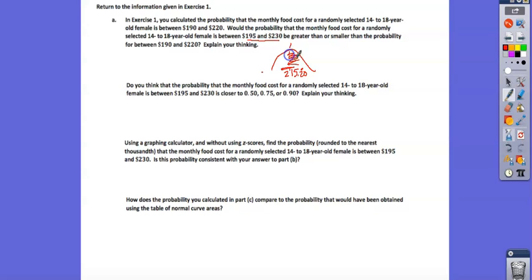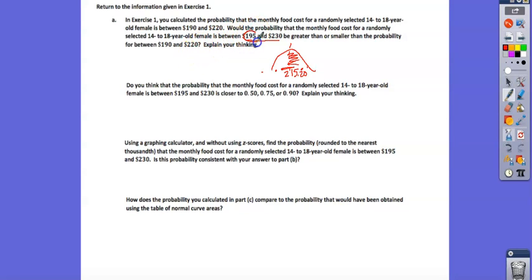So I've got this area here. Or between 190, that would be further out, and 220 would be tighter in. So they're pretty similar, but this one is 5 to the left. See, 195, 190, and then this one's 10. So if you look at a sketch, I would say there's more area under the curve for the wider interval of 195 to 230.